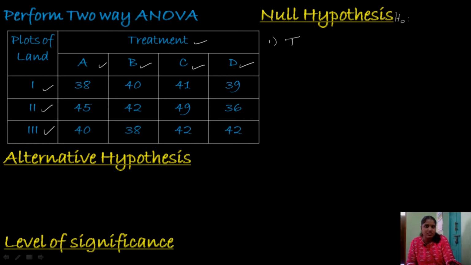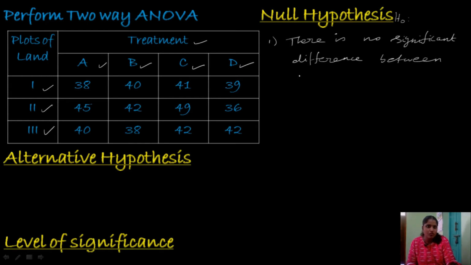That is, there is no significant difference between treatments, since in column we have treatments. Treatment here represents column wise.